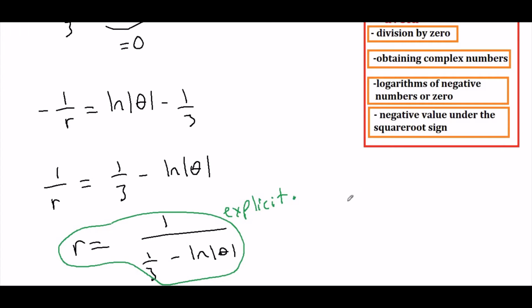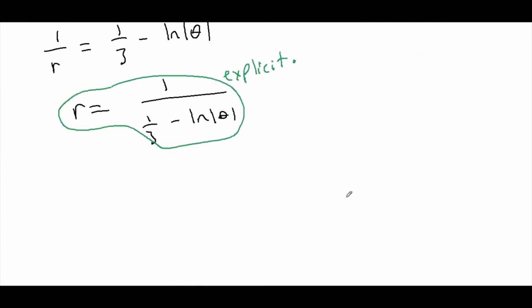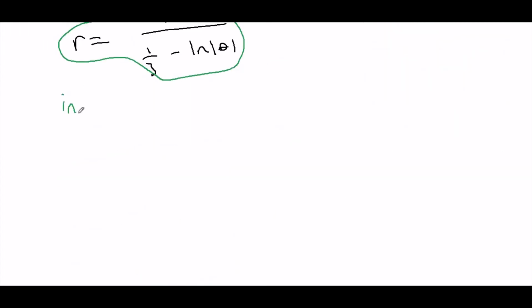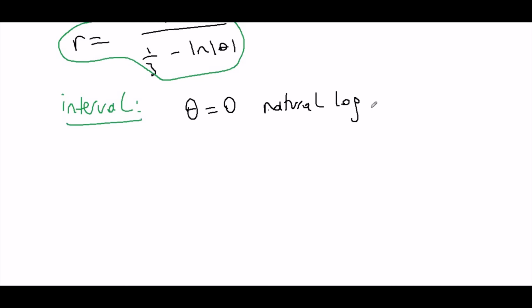Let's check the interval of validity. We know that theta cannot be equal to 0 because this is natural log. And we don't have to worry about negative values of theta because the absolute value takes care of the negative sign here.